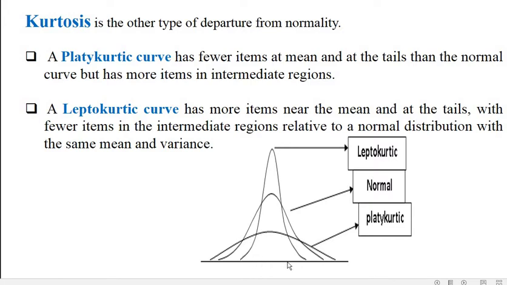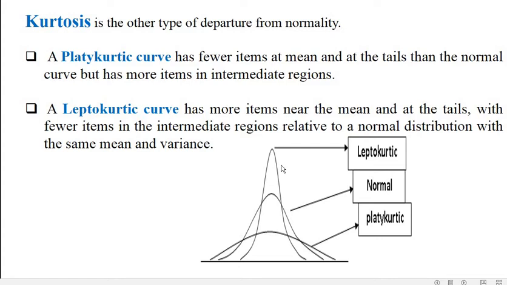Most observations are found in the intermediate region, while at the mean area and at the tails you will find a fewer number of observations. This is called a platykurtic curve. Curve منبطح in Arabic.